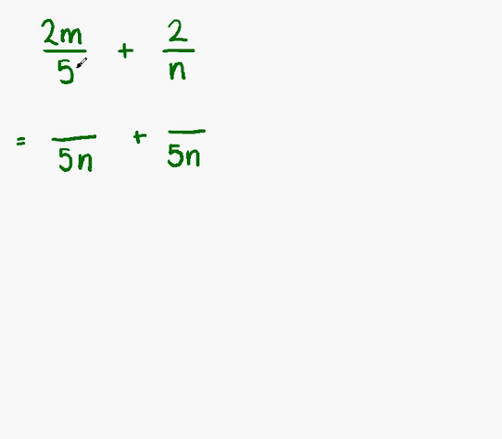So in order to get that, we have multiplied by n, remembering we must multiply the numerator by the same thing so that we have an equivalent fraction, and this one we have multiplied by 5. So multiply by 5 on the top also. So we have 2m times n gives us 2mn.